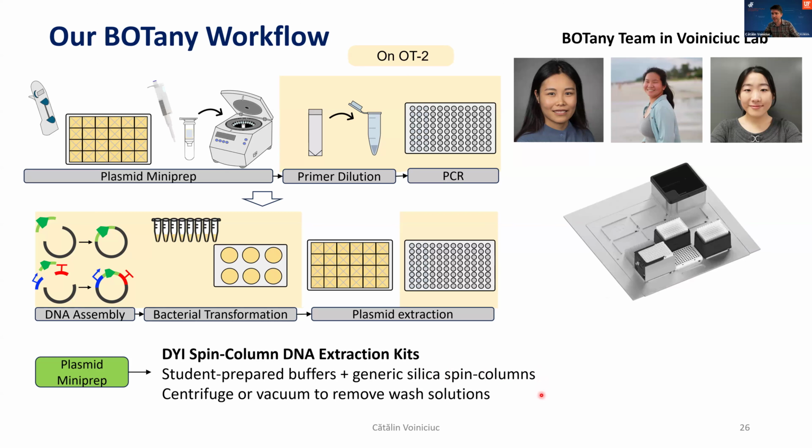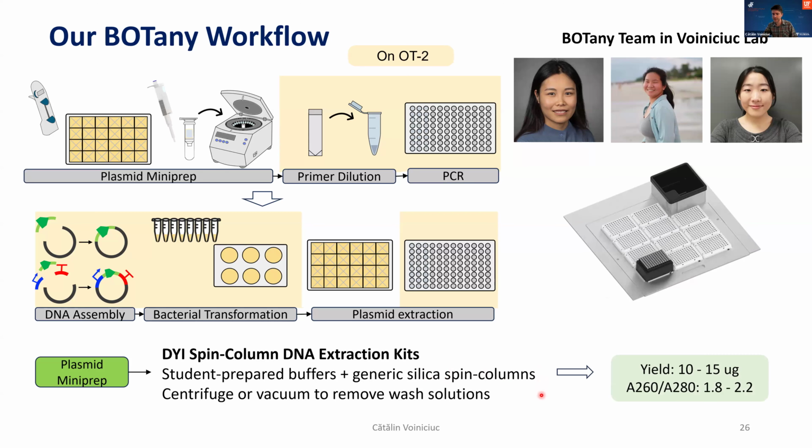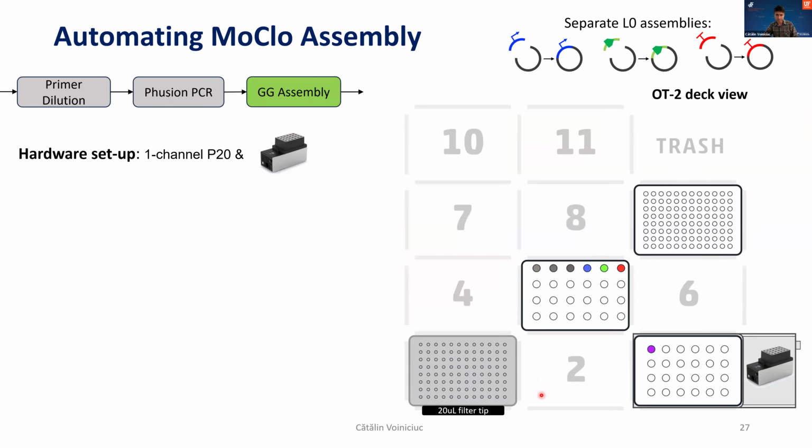We can use centrifuges or vacuums to aspirate the wash solutions that contain contaminants. And then we generally get from 10 to 15 micrograms of DNA per spin column with fairly good purity.